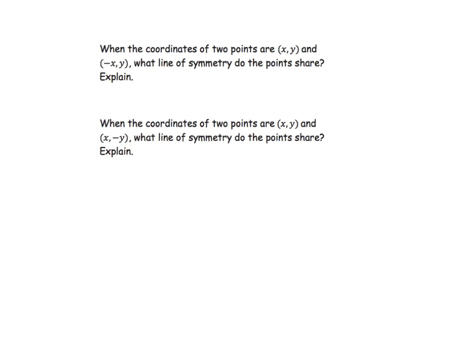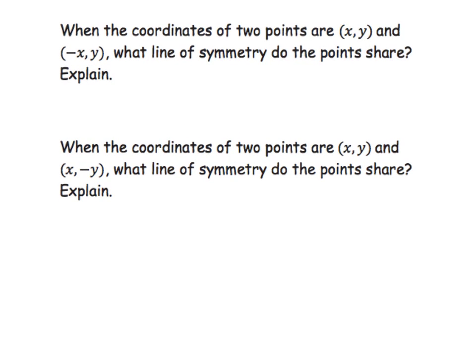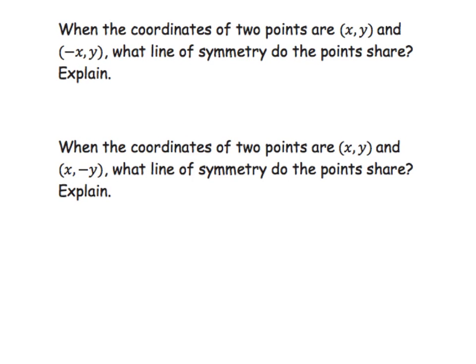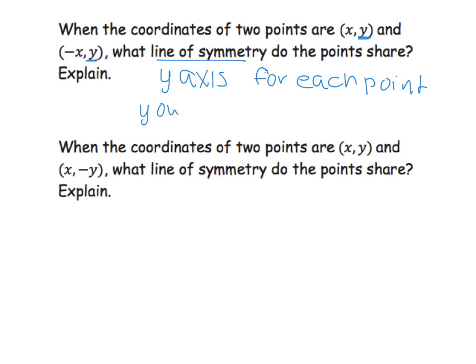So this one should be pretty easy for you given what we just did. When the coordinates of 2 points are x, y, and opposite of x, y, what is the line of symmetry? Well, they share the y, so you're going up the same amount every time. So the line of symmetry is the y-axis, because for each point, you go up the same amount.